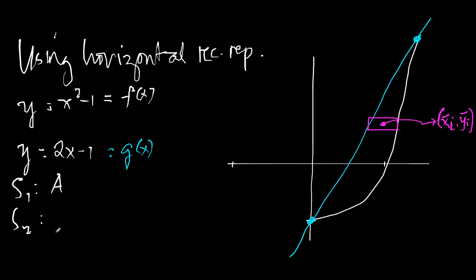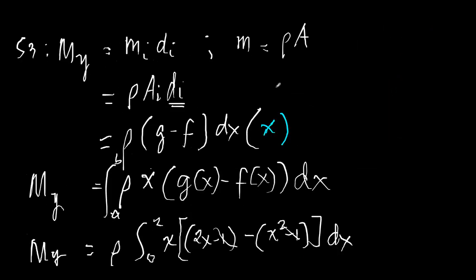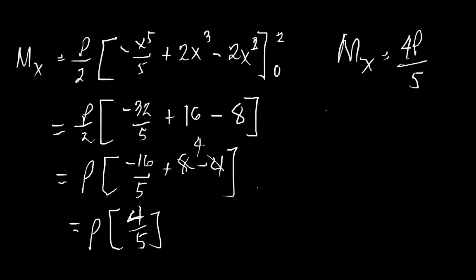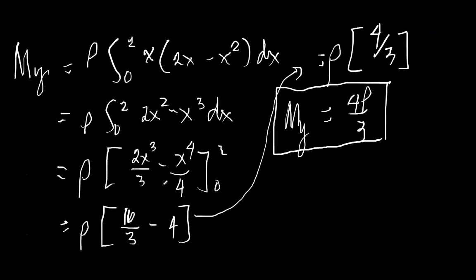Step number 2, the m sub x. Step number 3, m sub y. Step number 4, the center of mass of the lamina, which is the whole region. We already knew that the area is 4/3, but let's try solving it with the horizontal rectangular strip.